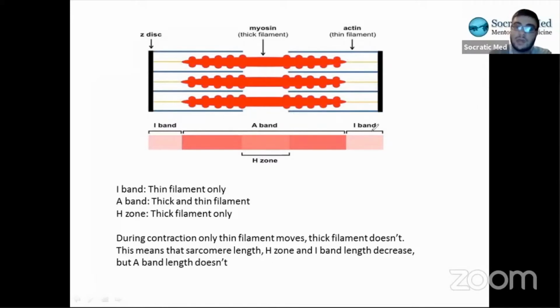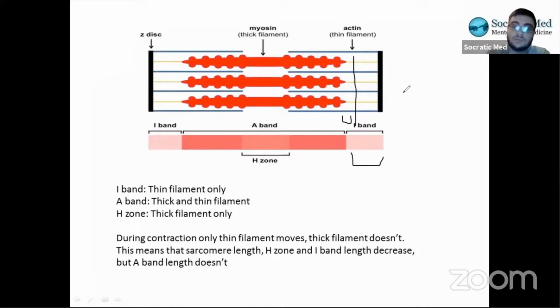Similarly, the I band is only where the thin filament is, and if the thin filament and the walls, these black bars, the Z discs, move closer, the I band is only this length rather than the length it initially was, right?